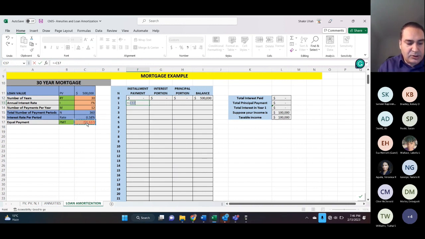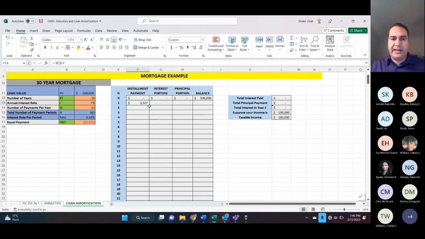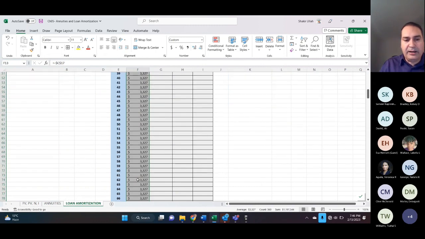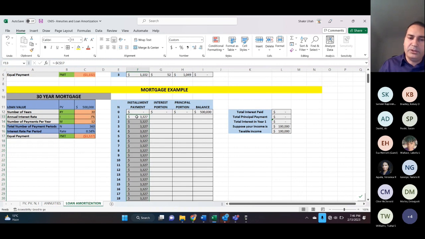Let's also press this F4 button because when I drag it down, it will still refer to the same cell. So that is a positive number right now, just for having a clear table. Now, if I click on this little dot right here and double click on that, it populates the whole column for me, and that payment is going to be the same for the whole duration of the mortgage.